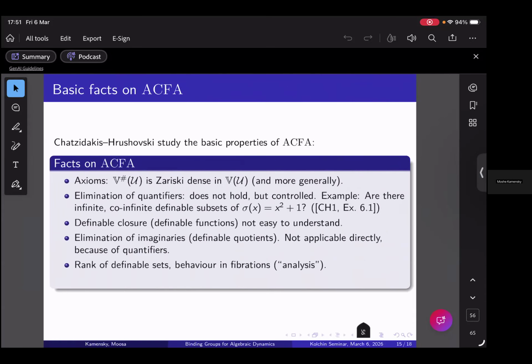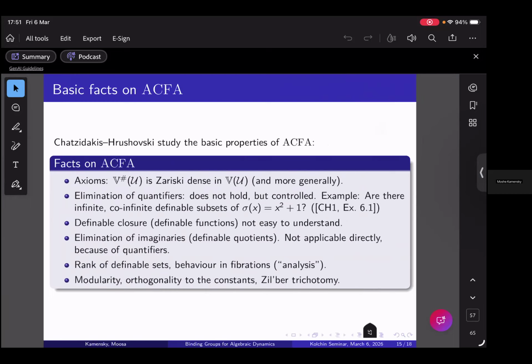Okay, and then the main part of their work is to show that there is a well-behaved rank on definable sets, and you can analyze finite rank definable sets by sets of smaller rank, and the rank 1 sets satisfy what's called the Zilber trichotomy, some version of the Zilber trichotomy, which is basically what I said before.